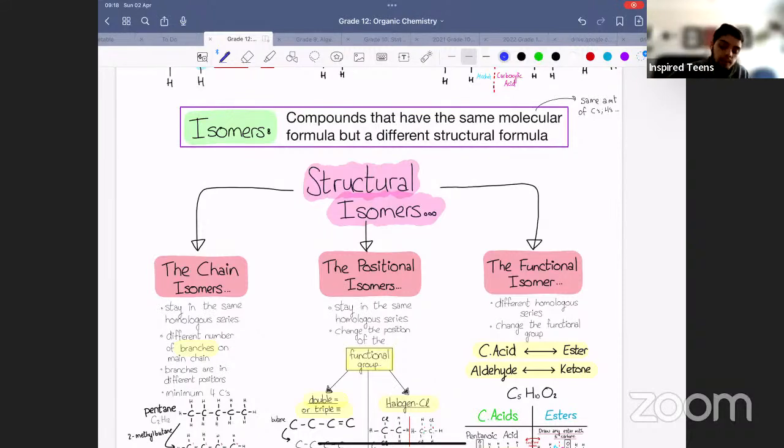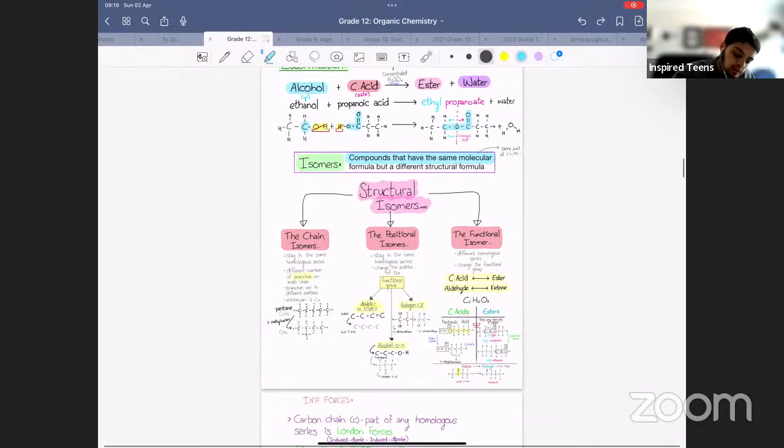Specifically, compounds that have the same molecular formula but different amount of carbons in the main branch, or different amount of branches. For positional isomers, compounds that have the same molecular formula but a different position of the functional group. For functional isomer, compounds that have the same molecular formula but different functional group. Again, the definition specifically for each one.